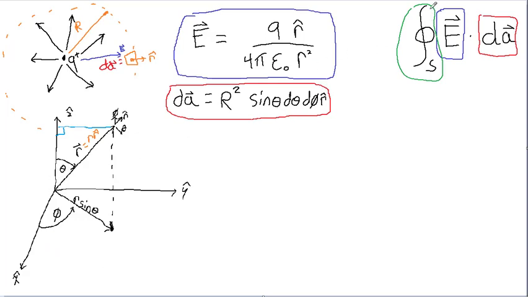So instead of this enclosed surface integral sign, we're going to decompose this as two integral parts. The first one is going to be integrated from, let's say, phi equals 0 to 2 pi.